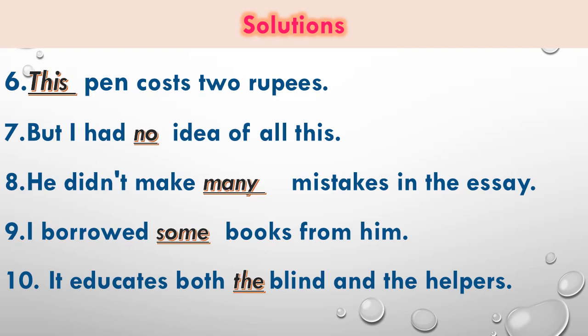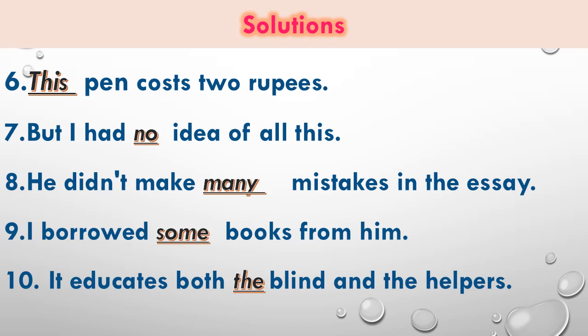Sixth one is this pen costs 2 rupees. That means, for example, if there is a pen lying in front of you and you have to tell someone how much it costs, then what will you say? You will demonstrate it. Yes students, you will demonstrate that particular pen.